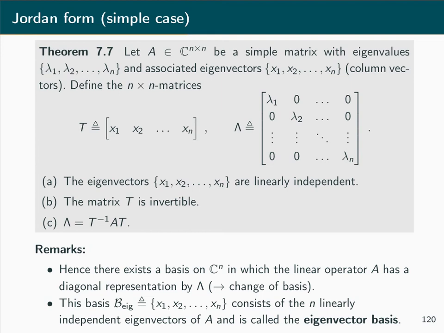So one can say that theorem 7.7 states that for a simple matrix A, there exists a change of basis such that A has a diagonal representation, namely by the operator lambda in the new basis. And this special basis, where the operator A becomes diagonal, is spanned by the eigenvectors of A, and it's called the eigenvector basis.